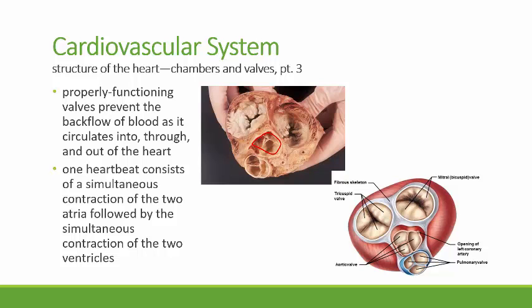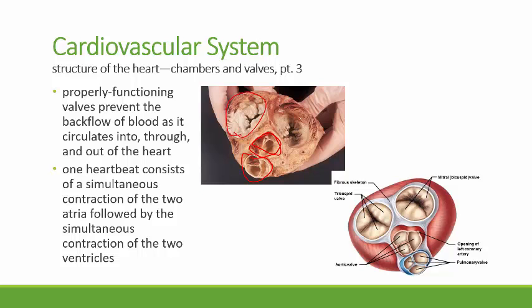I think this is the pulmonary. Let's see if I've got that right. Nope. Here's the aortic valve. Here's the pulmonary semilunar valve. These valves allow blood to leave the ventricles, and then they close as the ventricles begin to relax.